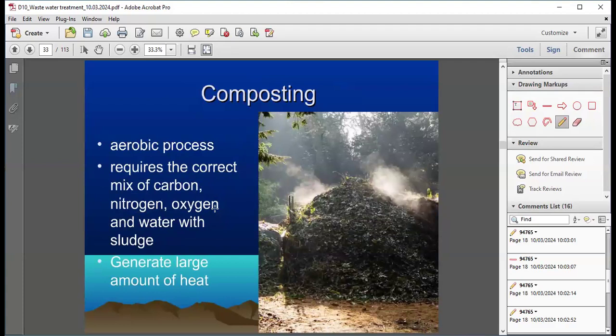It generates a large amount of heat. This is the combustion process.